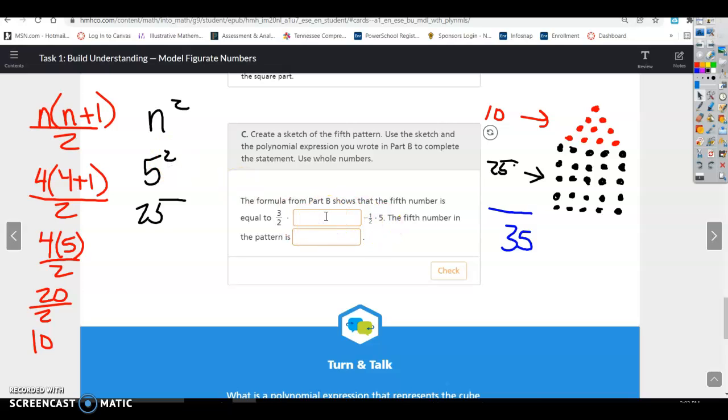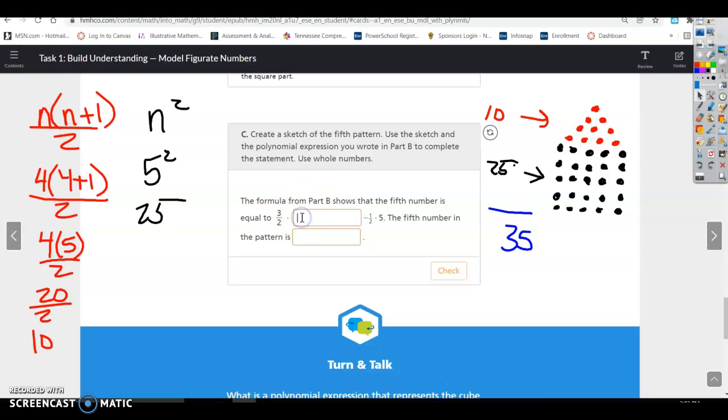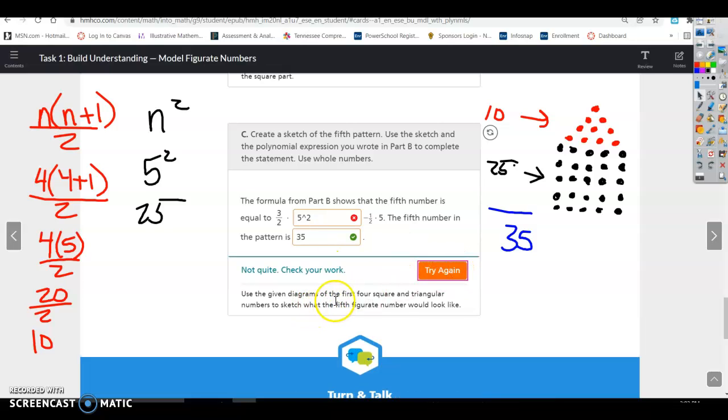So we're going to have 5 squared, which is 25, and the fifth number in the pattern is 35. All right, do they want 5 squared? I don't know how they want that answer there. Let's do some checks here and see what happens.